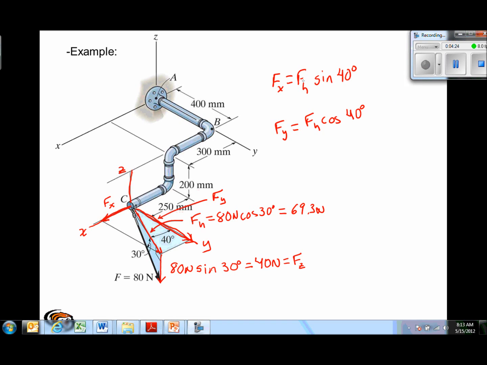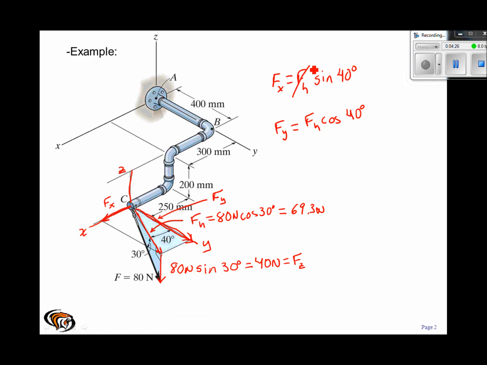And since we already have F of h equal to 69.3 newtons, the result for F of x is going to be equal to 44.5 newtons, and the result for F of y is going to be 53.1 newtons.